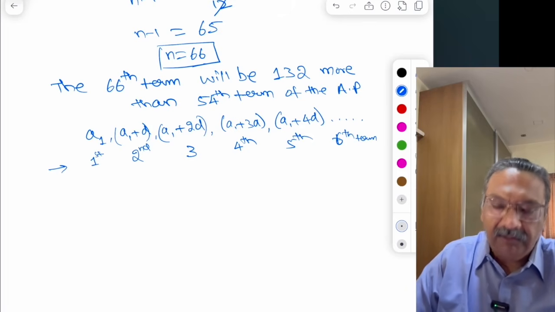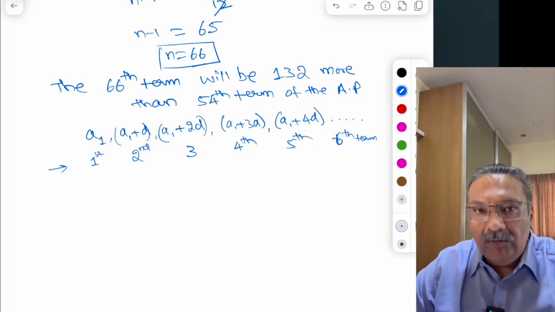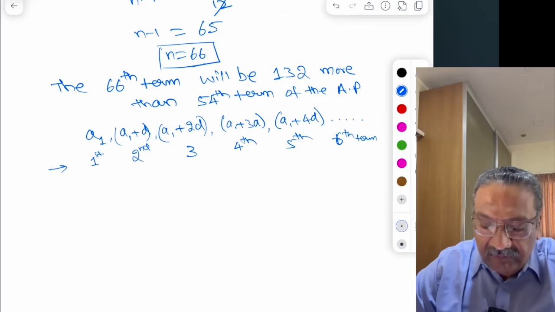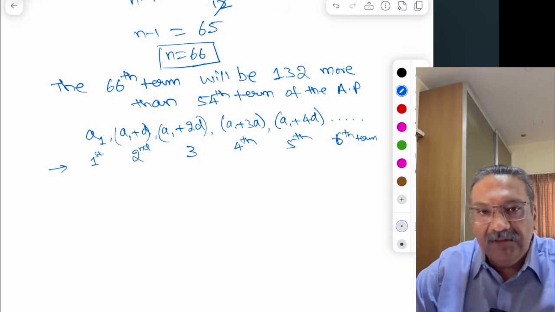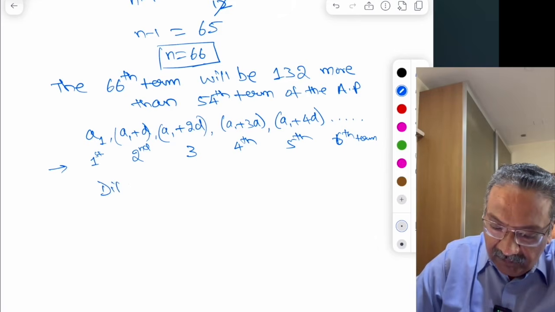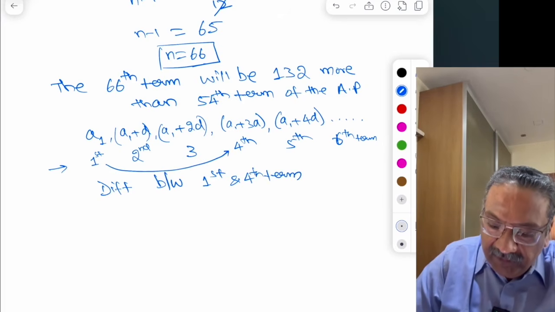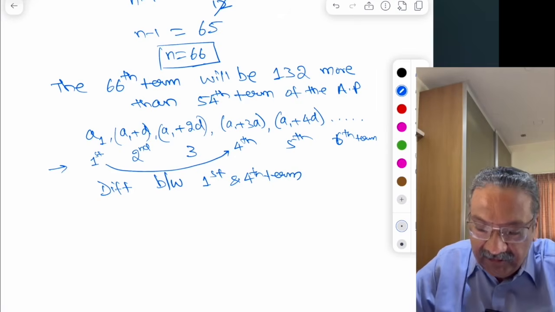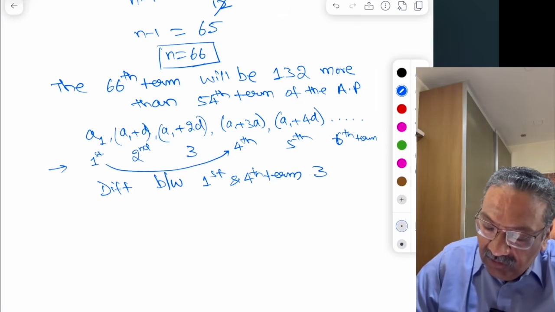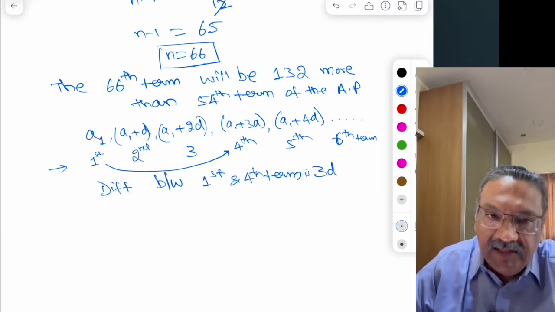Now you see, what is the difference between the first and fourth term? To jump from here to here, how many times does d get added? 1, 2, 3, that is 3d.